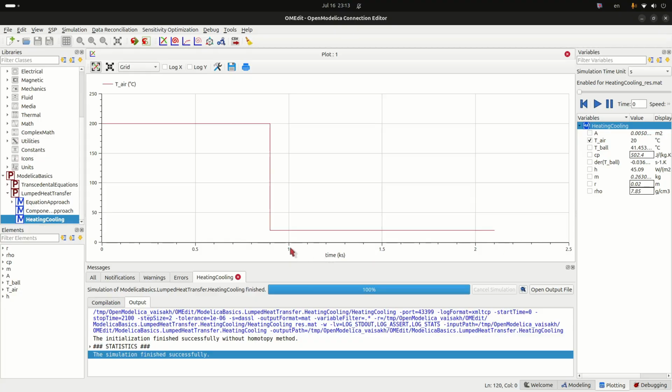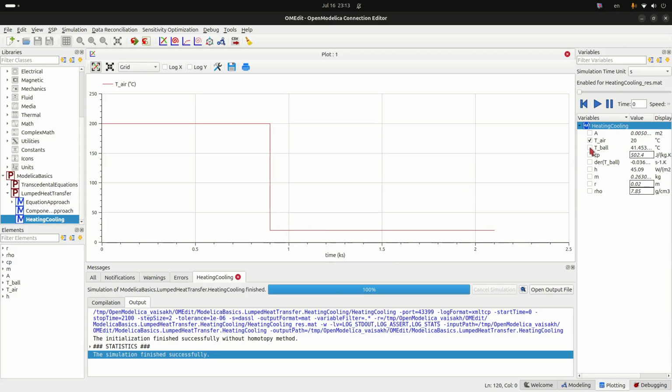Since we are simulating for thousands of seconds, Modelica conveniently shows the graph in kiloseconds so that the values will be truncated to like 0.5, 1, 1.5, etc. Now this makes sense because we forcefully assigned our air temperature to vary at 900 seconds instantaneously without accounting for any physical phenomena. It is an instantaneous change and Modelica correctly captured the instantaneous change.